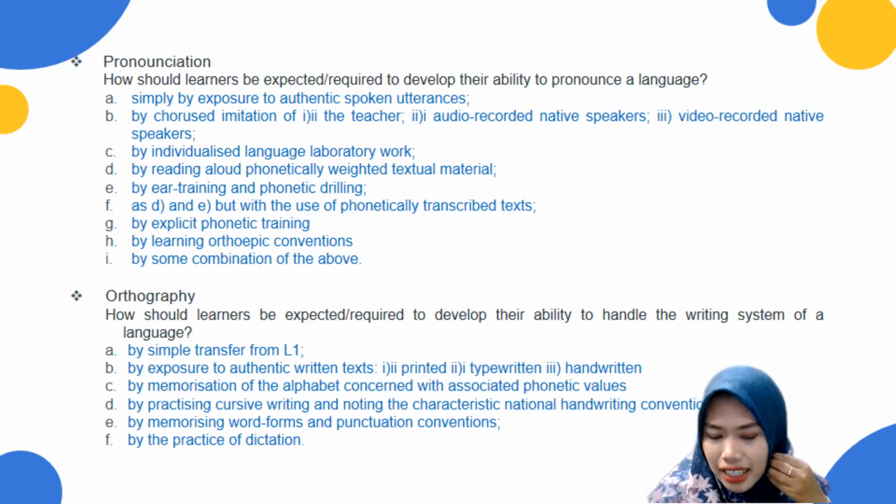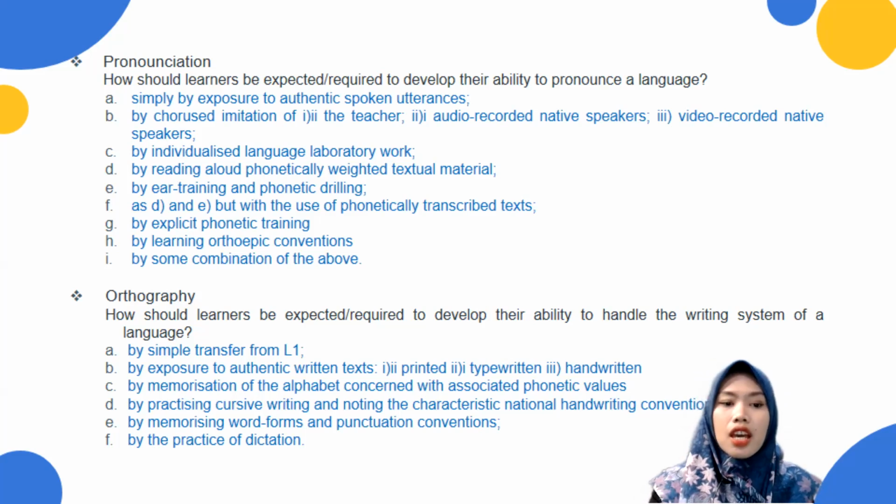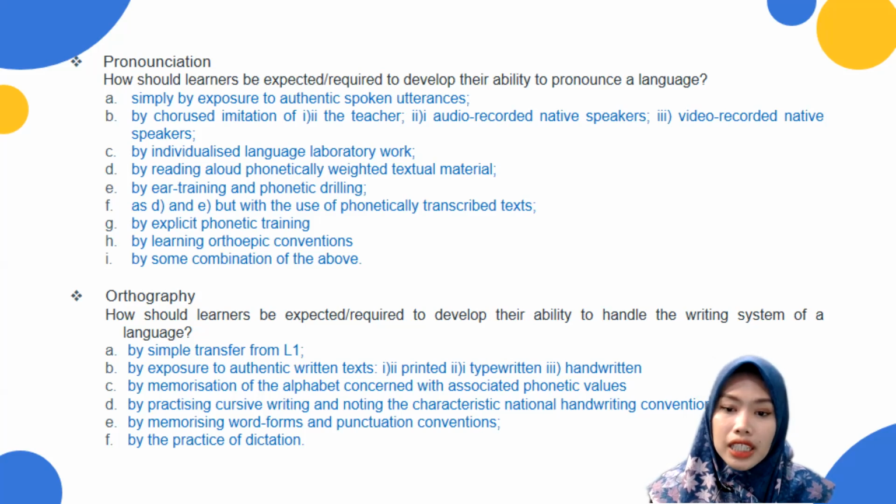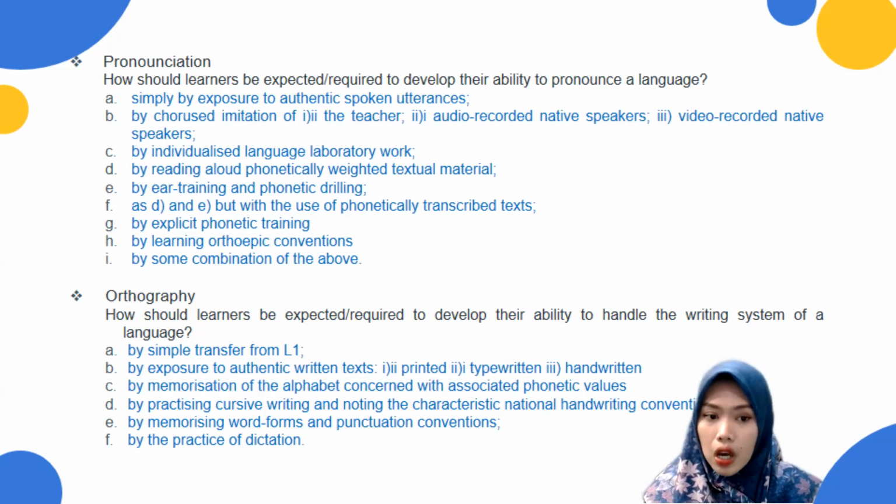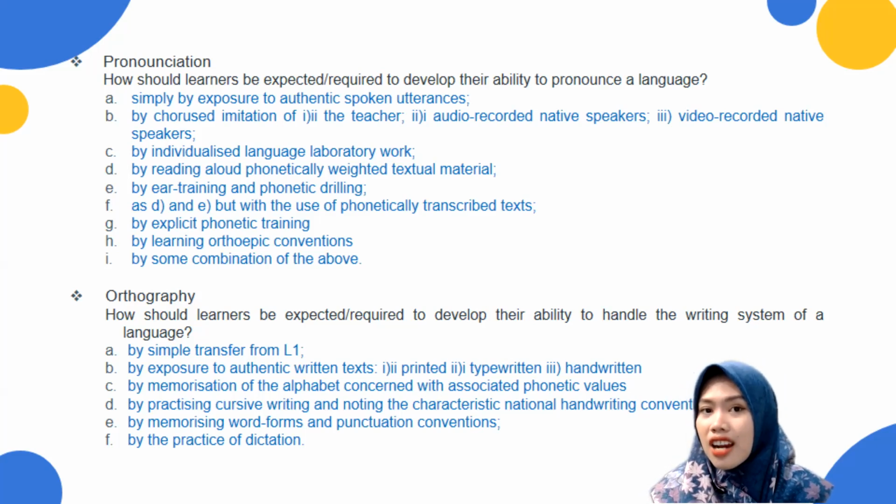All right, and the next is orthography. How should learners be expected or required to develop their ability to handle the writing system of a language? Okay, orthography talks about the writing system, yeah.